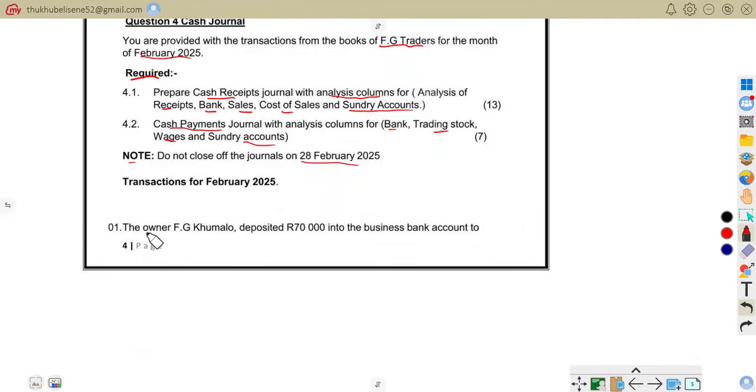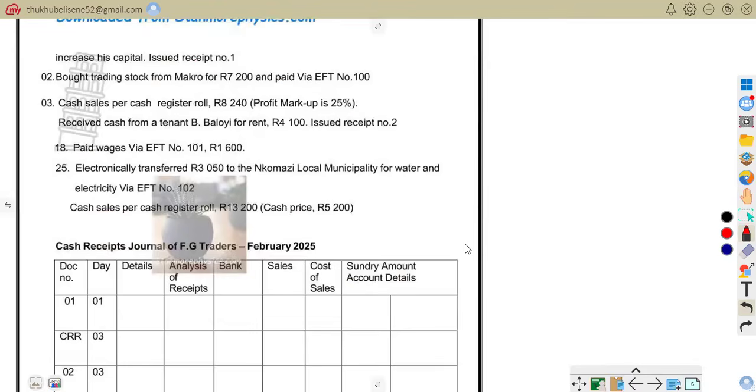The first transaction is the owner, FG Kumalo, deposited how much? 70,000 into his bank account to increase his capital, and issued receipt number 1. So it means this is going to affect our cash receipts journal, because he is depositing the money into his bank account for capital contribution.